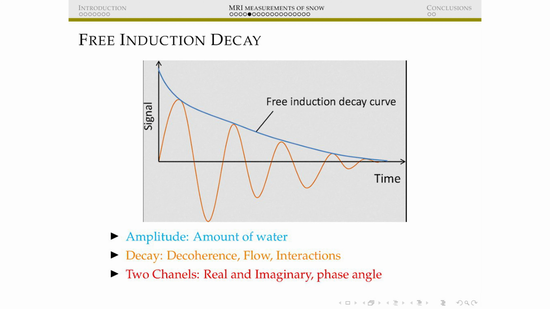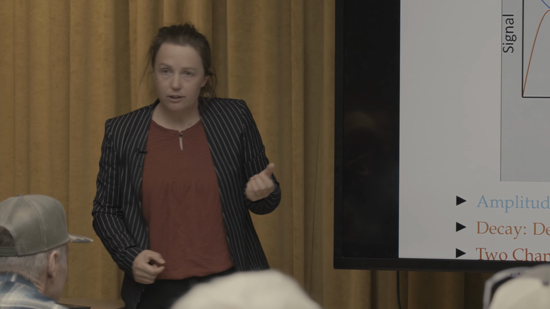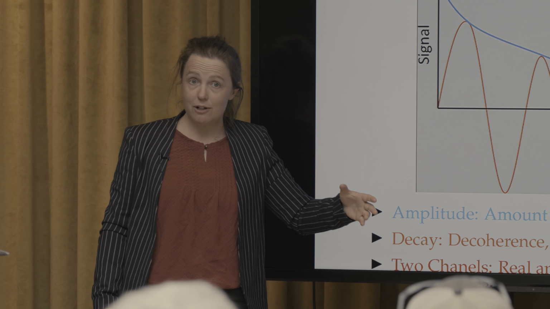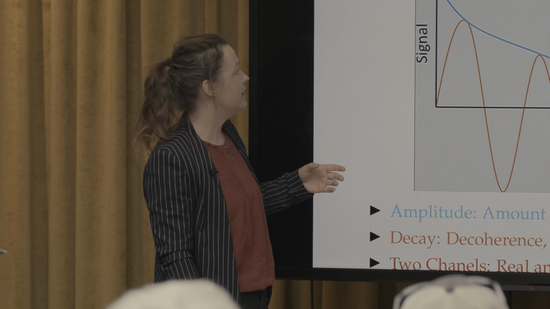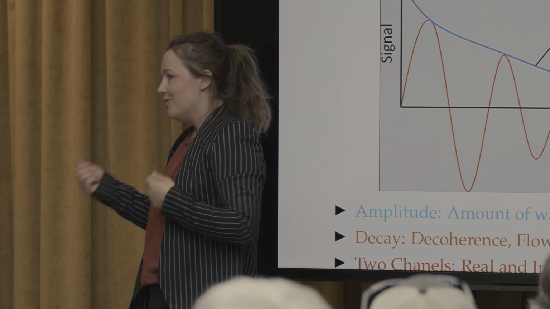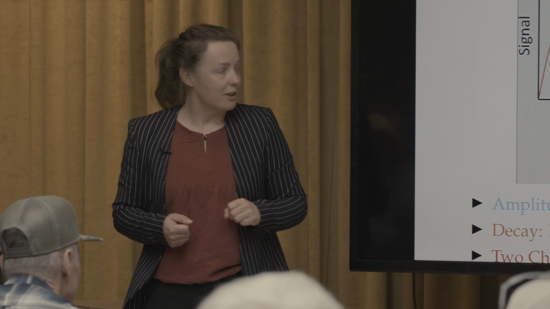So if you look at the signal that we can measure, this precessing of the net magnetization will slowly return to its normal value. So the initial amplitude of the signal will tell you how much water we have in our sample, and the decay will tell you something about the interactions that the water molecule has had.